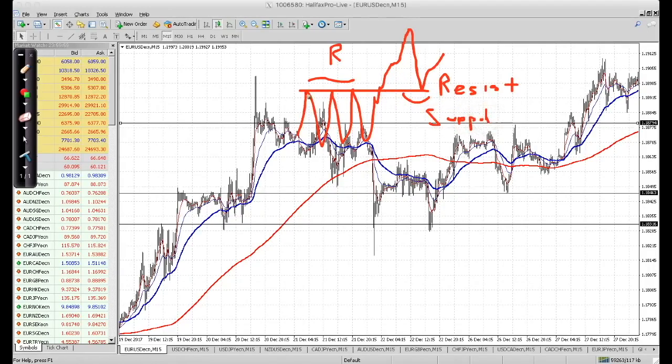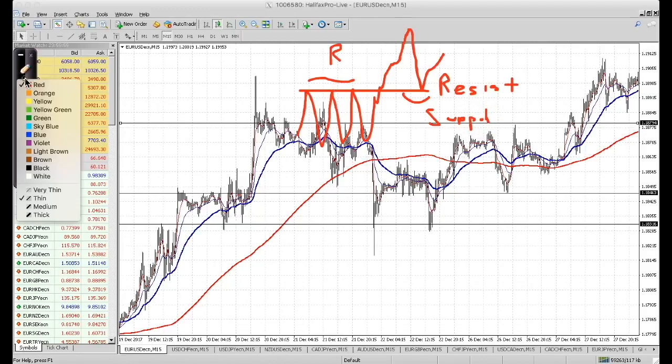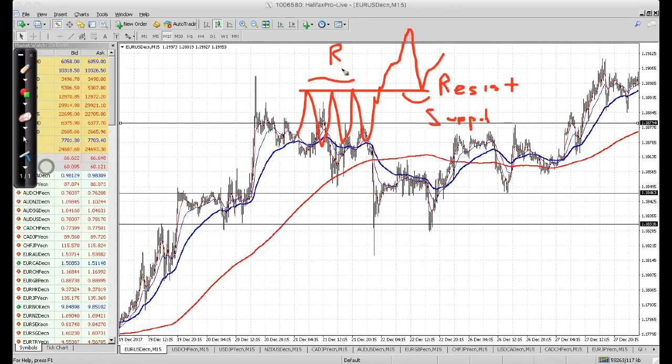So this is test 1, okay, test 1, test 2, test 3, test 4. So this is considered a test of that level as well, okay.